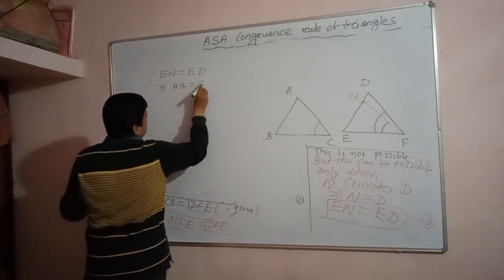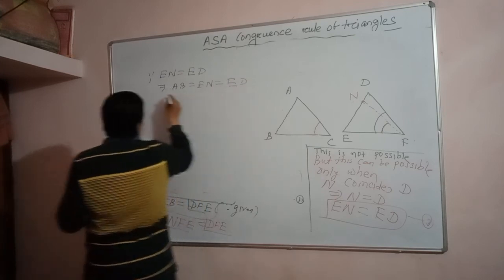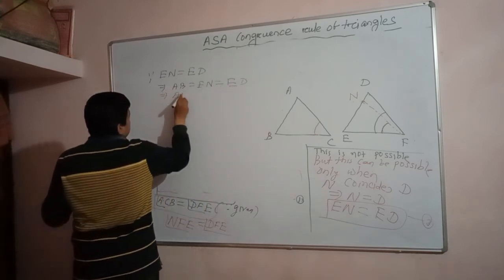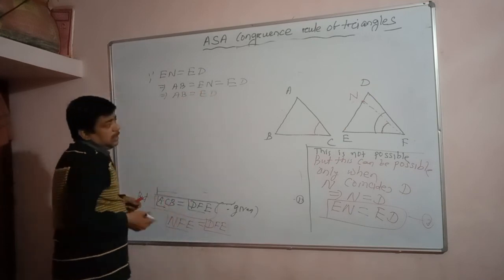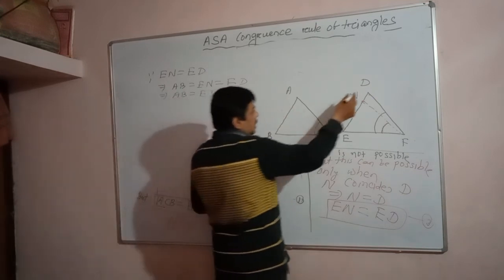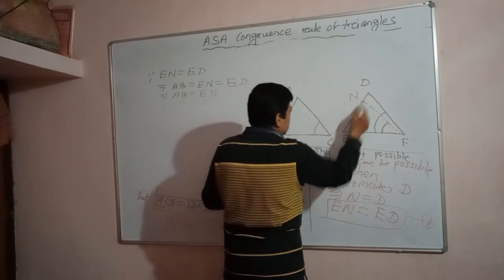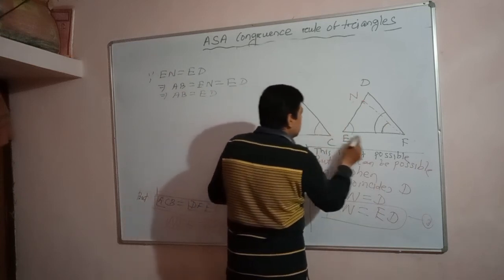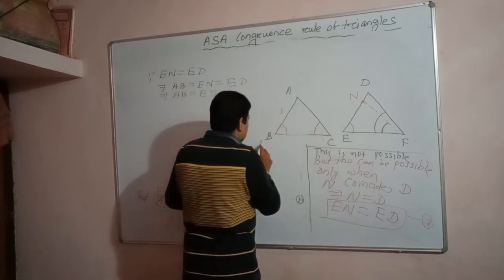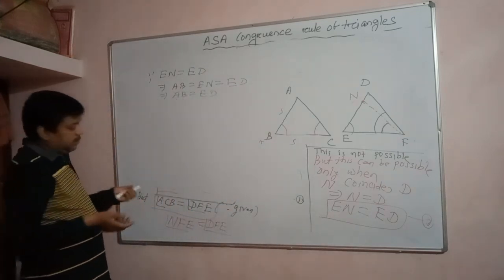EN, and EN is equal to ED. That implies AB is equal to ED. Okay. Since AB is equal to DE, now you see in triangles ABC and DEF, AB is equal to DE, angle B is equal to angle E, BC is equal to EF. So the side, angle, side criterion is satisfied. Okay. So the triangles can be congruent.